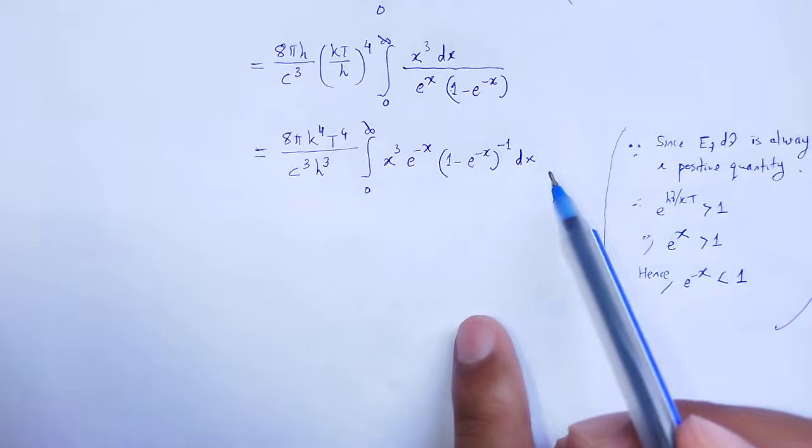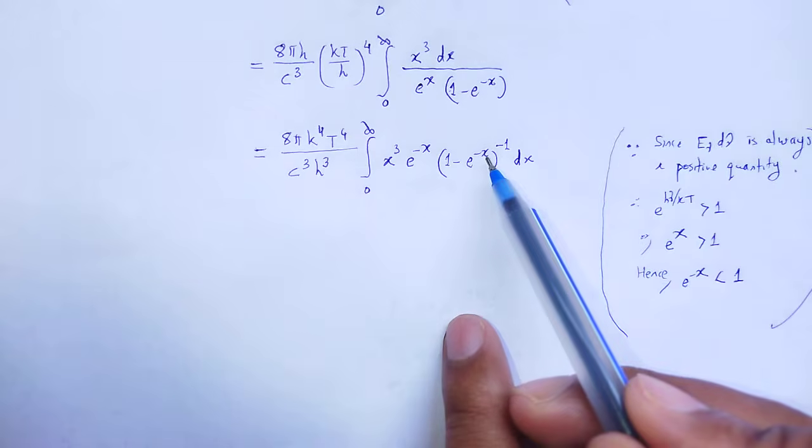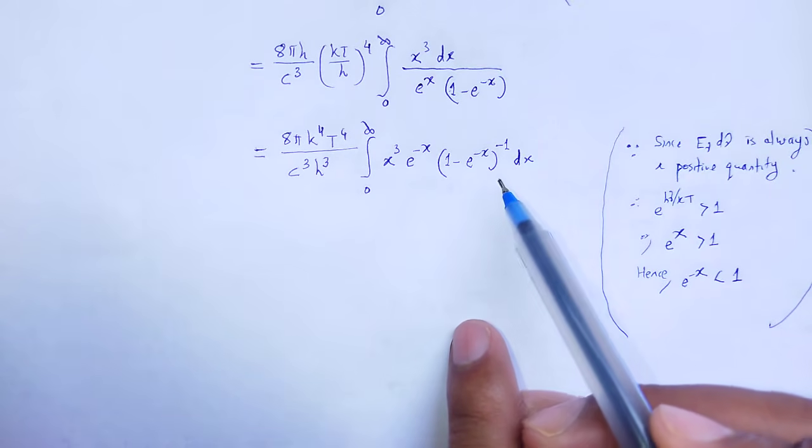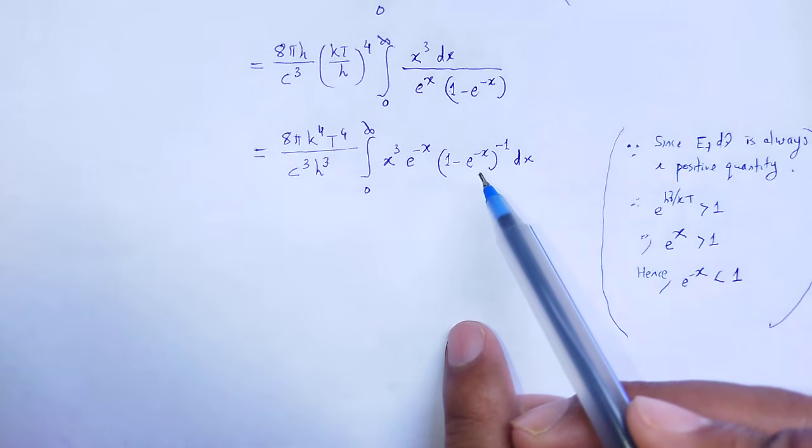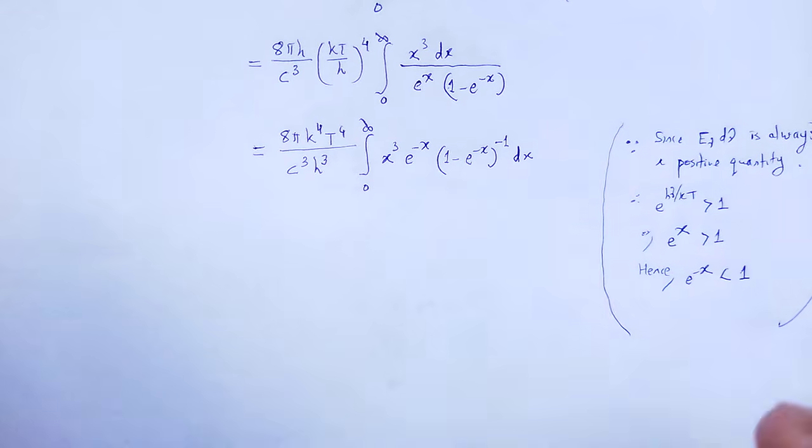Therefore, 1 minus e to the power minus x to the power minus 1 can be expanded binomially.